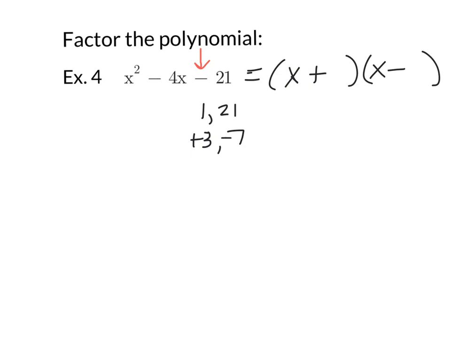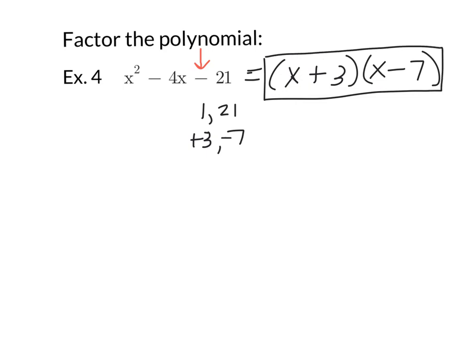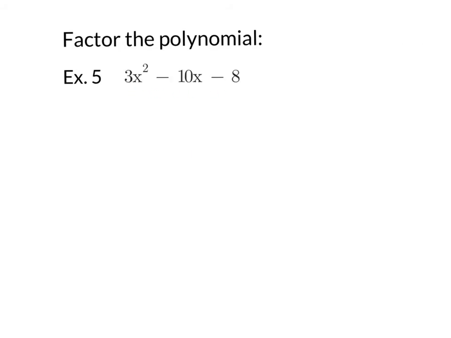So that means that this trinomial will factor into the 2 binomials x plus 3 and x minus 7. Now, of course, you can always check your answer by multiplying these 2 binomials back together again, and when you multiply them, you should get this trinomial back again.